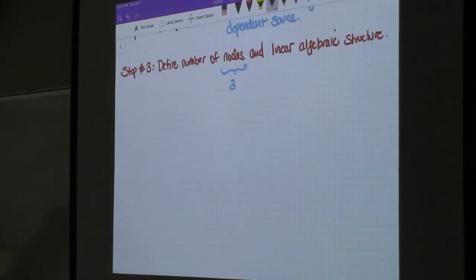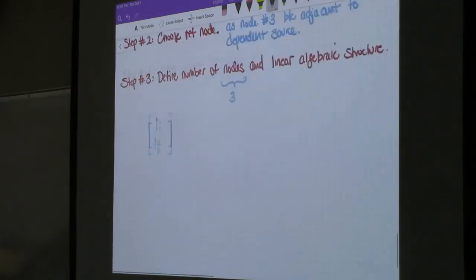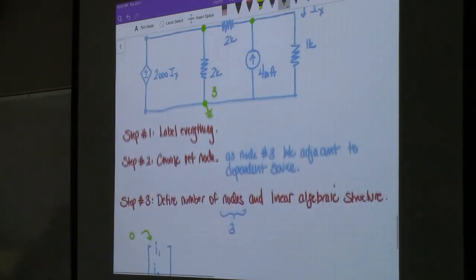And so let's start off by writing the general form of how this would look. We have what we'll call I1 and I2, which in this case we will know I1 is equal to 0 because there's no independent current source flowing into node number 1.